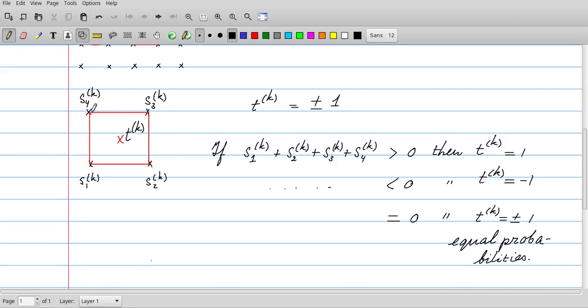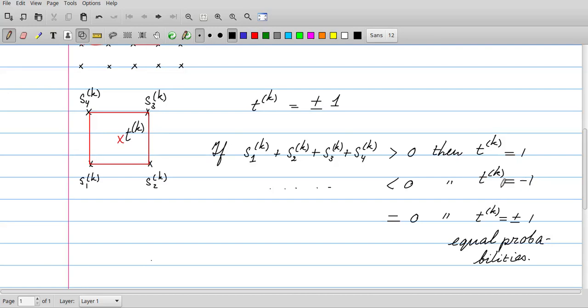If the sum of the spins surrounding T_k is positive, so if the majority of the spins is plus 1, then T_k will also be plus 1. If the majority is negative, so there is a majority of minus 1 spins, then T_k will also take the value minus 1. So either there are 4 spins plus or 3 spins plus, and then we choose T_k to be plus 1, or there are 3 spins minus or 4 spins minus, and then T_k is minus 1.